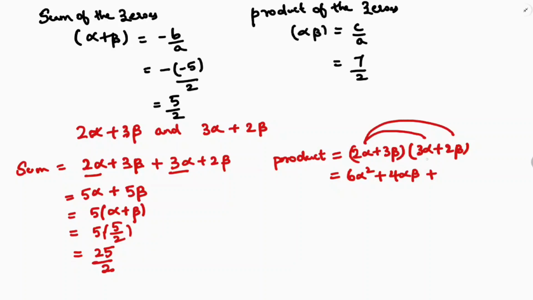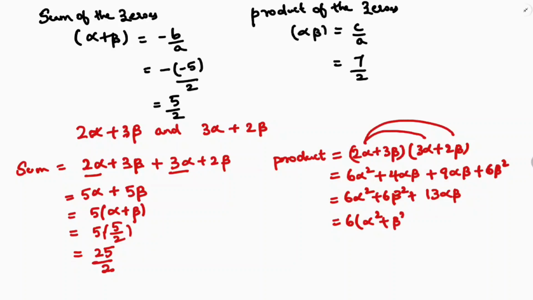Plus 3 alpha into 3 beta is 9 alpha beta. 2 beta into 3 beta is 6 beta square. So 6 alpha square, 6 beta square, plus 4 plus 9, which is 13 alpha beta. So 6 times alpha square plus beta square plus 13 alpha beta.